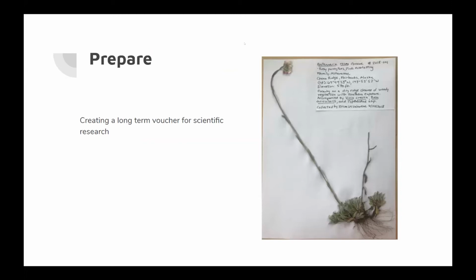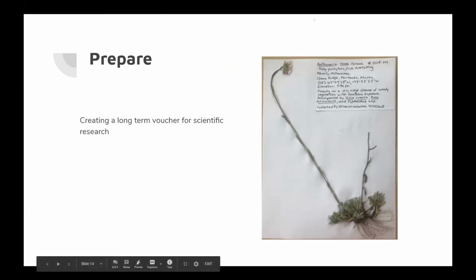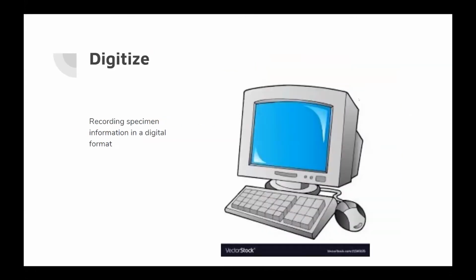So the second step is to prepare the specimen. Usually it's a plant, like an invasive species or endangered, for scientific research. And then we digitize that information in order to store it in our database.